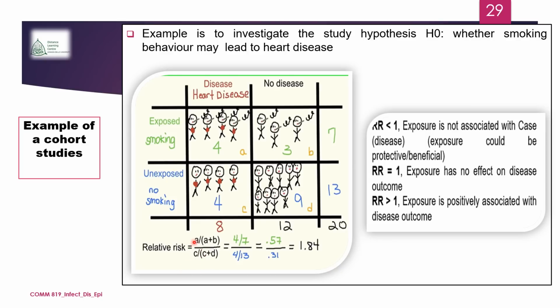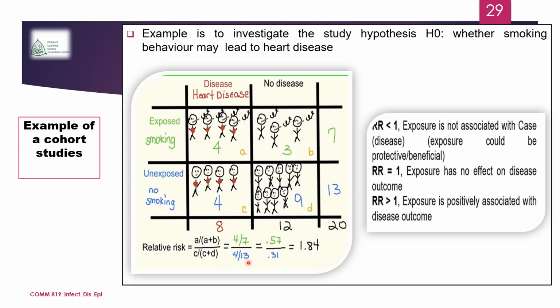So the relative risk of developing heart disease if you are a smoker will be, you calculate the incidence for each. The incidence for exposed will be the number of people that are exposed that have developed the disease, which is 4, over the total number of people that are enrolled, which is 7. So it will be 4 over 7. Then the incidence of heart disease in non-smokers, which is the control, will be those that came up with heart disease, which is 4, over the total number that enrolled for the study, which is 13.